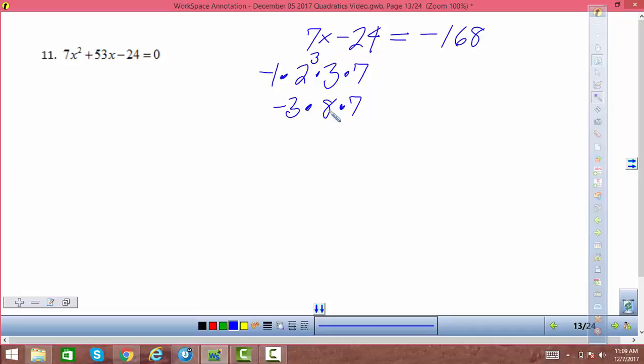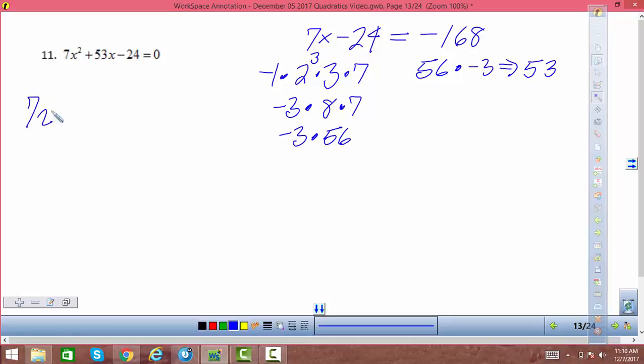So negative 3 times 8 times 7 will give me the number I'm looking for. But 8 times 7 is 56. So if I multiply 56 times negative 3, I'll get the negative 168. If I add them together, I get positive 53. So I've got the two numbers I was looking for.